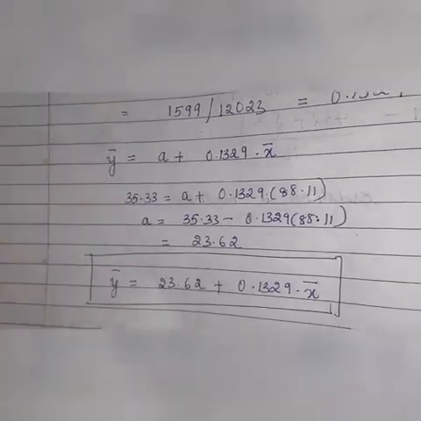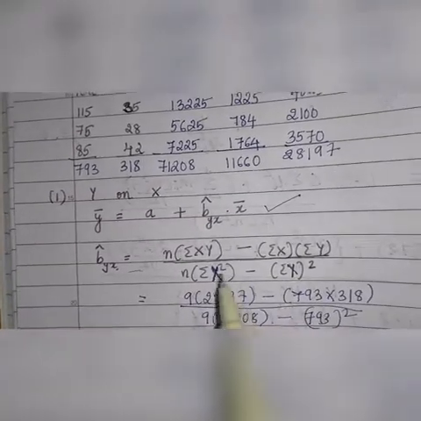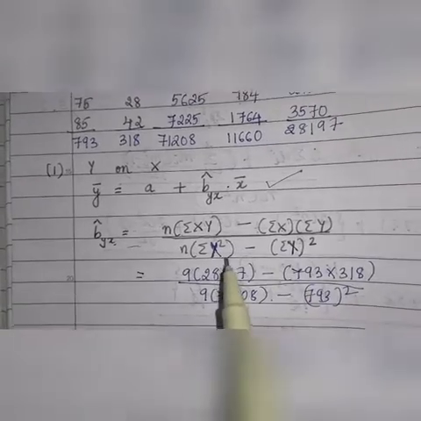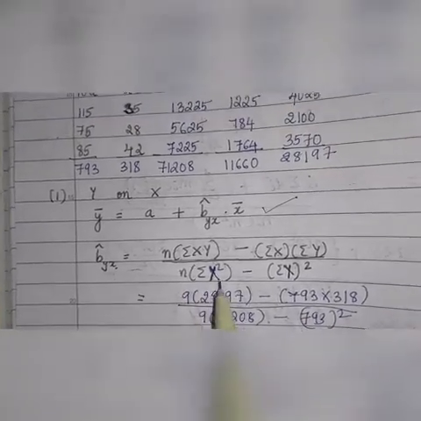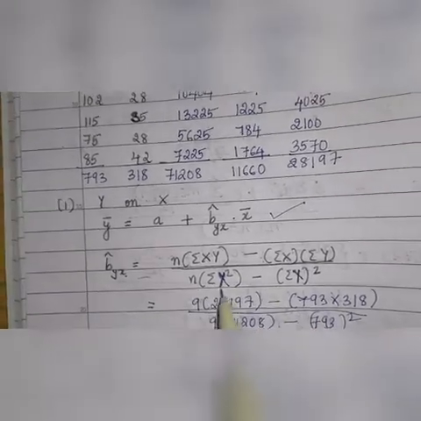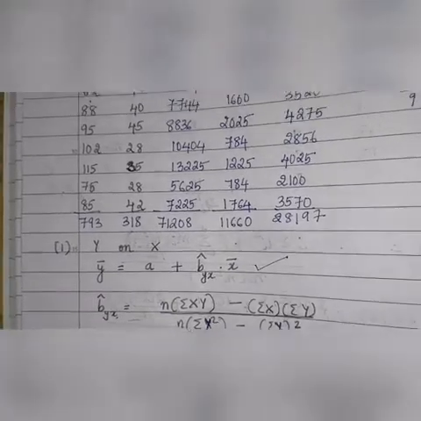Now we have seen y on x, and we have to calculate x on y. The formula remains the same, only the denominator changes. For x on y, the denominator will have y square: n into summation y square minus summation y whole square. The numerator is going to be the same.